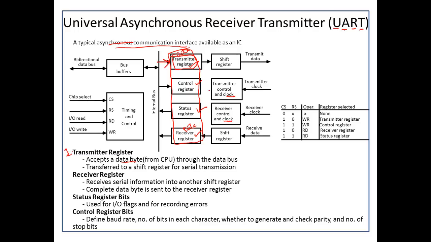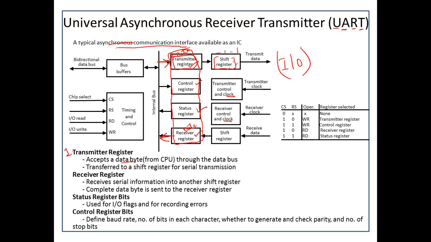See, this direction is from the CPU. Any output generated by the CPU will be taken into this transmitter register, and then serially, this is a shift register, meaning bit by bit the data will be transferred through this shift register, and only then will it be transferred to the peripheral devices or the IOs. So this is how the transmitter register will work.